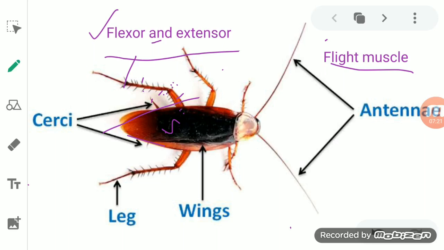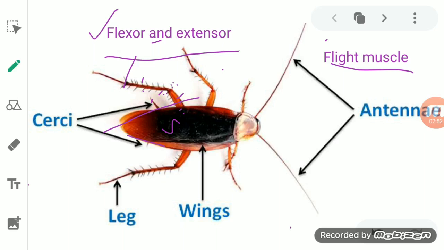Here also, when the cockroach pushes air downward, the air works as an opposite force and lifts the cockroach upward. And when the cockroach moves the air backward, the backward air pushes it forward. So they work opposite to each other, due to which the organism moves.